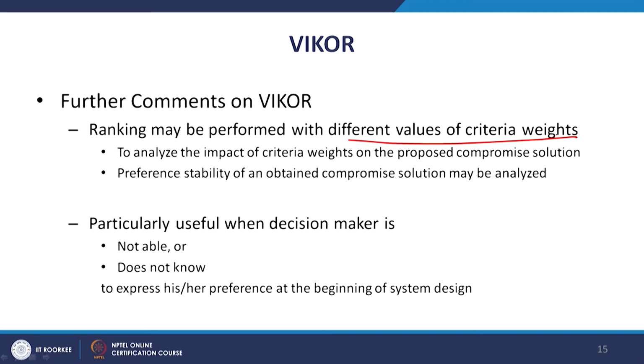Therefore, we can always change the criteria weights, do the modeling again and get the results. So it is easy, even in our environment, to analyze the impact of criteria weights on the proposed compromise solution. This is akin to the sensitivity analysis that we talked about.